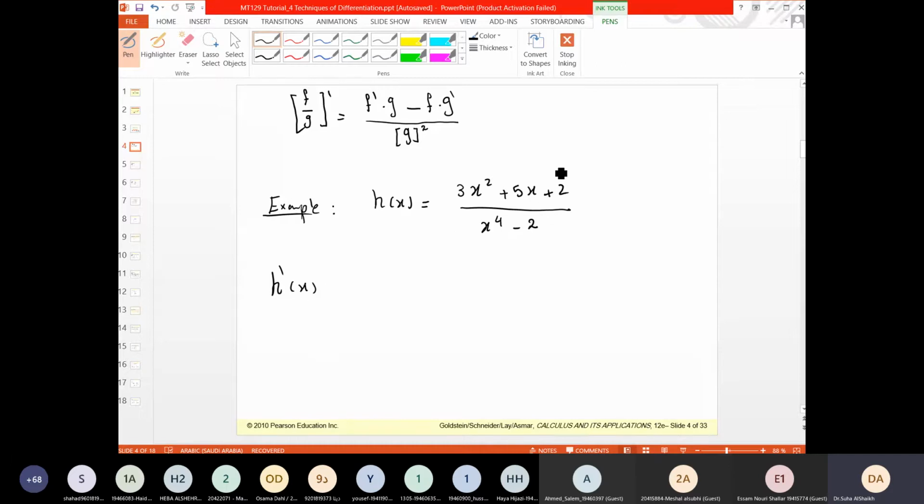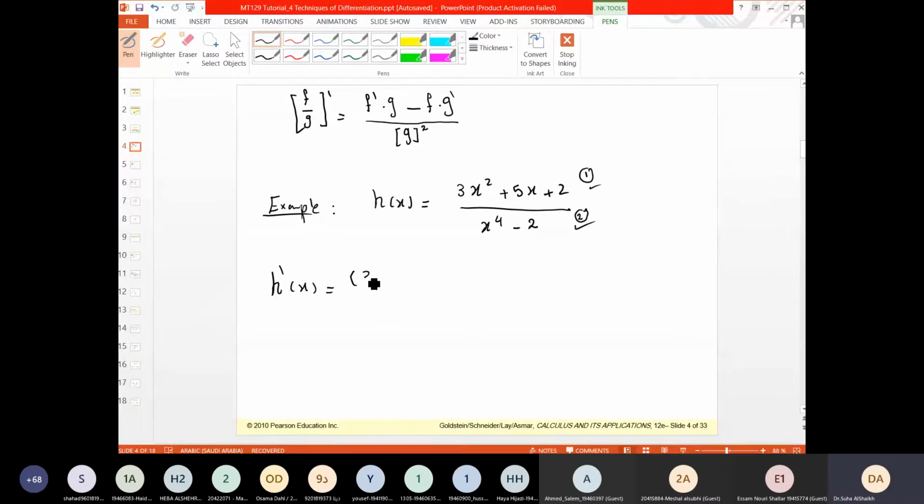Now, as you can see, the function has a numerator and a denominator, so I have to use the quotient rule. I cannot just distribute the derivative. The quotient rule states: the derivative of the first, this is the first and this is the second.